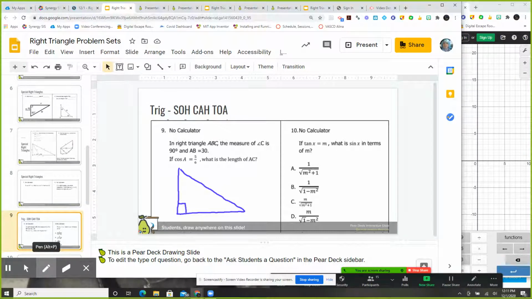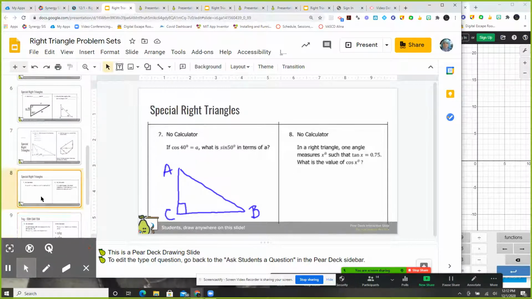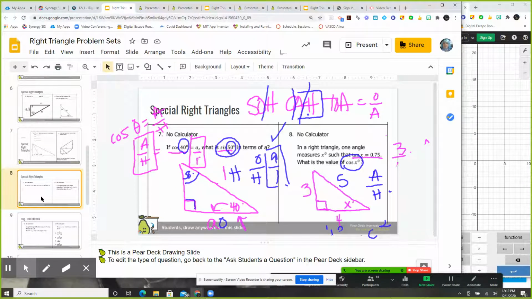And then what do I know about that right triangle? Yeah, A and B don't matter.